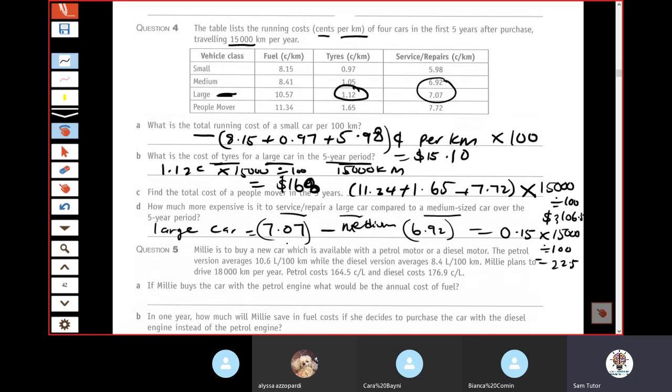I worked out the difference and it became 0.15 cents per kilometer for 15,000 kilometers. So it's just a difference of $22.50 to service a large car compared to a medium car over 5 years. So it's nothing.